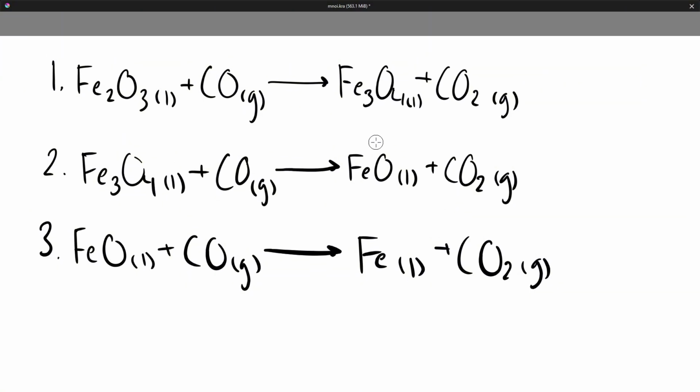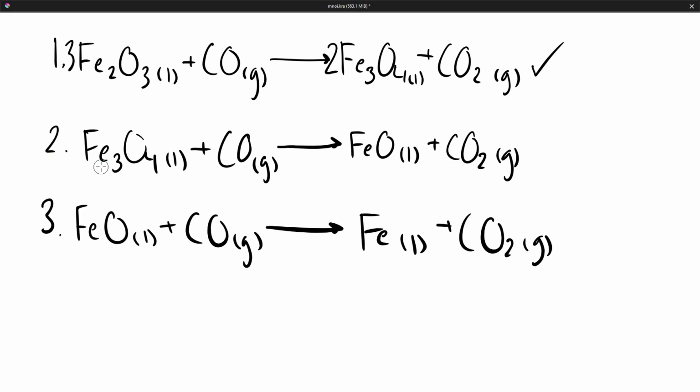Okay. So now we want to go through and balance these. So there's 2 irons on this side, 3 here. So we find the common multiple. It's 3, 2. So that's good. And there's 10 oxygens on each side. That's good. There's 1 carbon, 1 carbon. That's good.